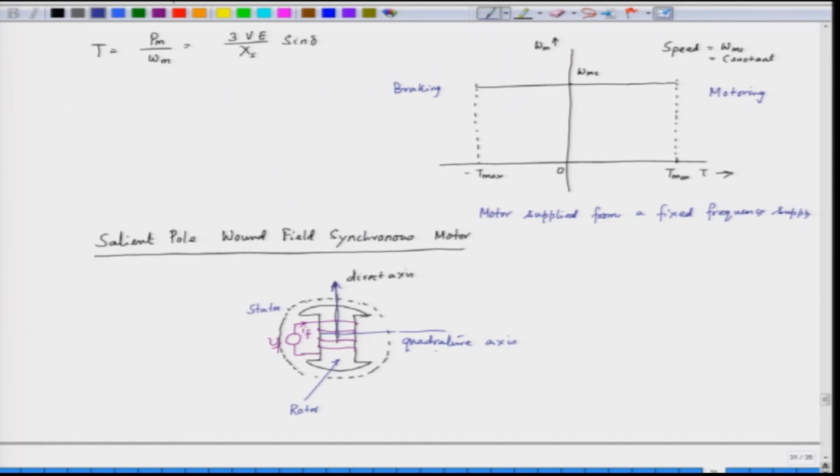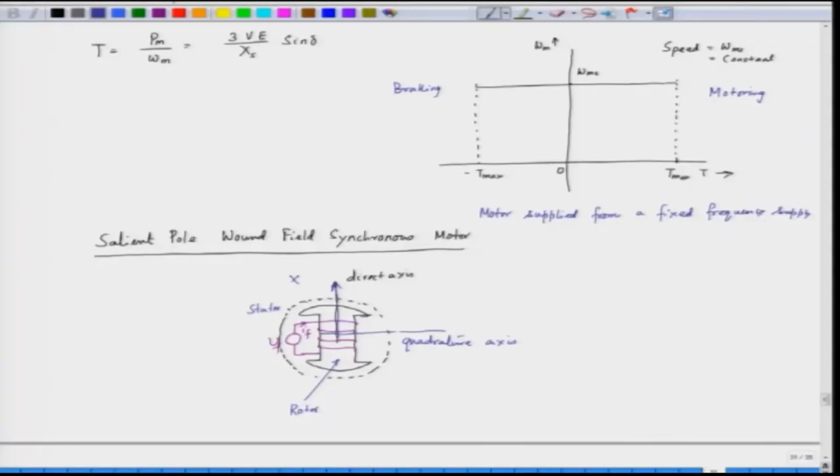So, we have two synchronous reactances here, one along the direct axis and the other along the quadrature axis. The synchronous reactance along the direct axis, the D axis, is called XSD.